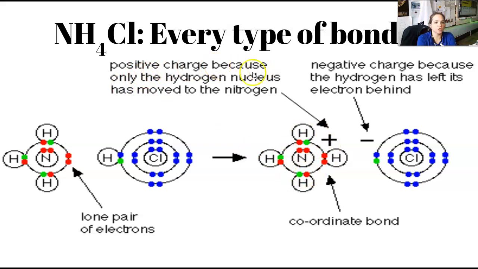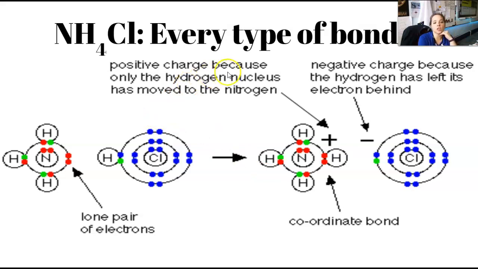So a positive charge, we're looking at this, NH3 has a lone pair, and then you've got HCl. And when you combine them together, the hydrogen on the chlorine pops off and it connects to the nitrogen, making it NH4, the ammonium ion.